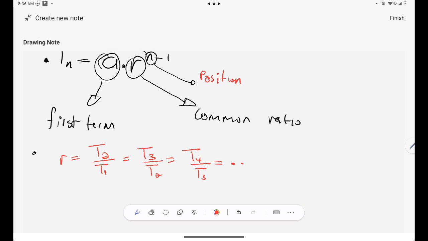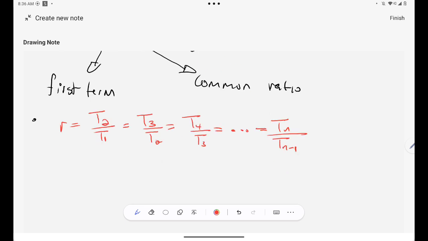This thing will go until the last term of the sequence, tn all over tn minus 1. All right, together. So whenever they say to you the sequence is geometric, this should be the first thing that clicks into your mind, that it has a common ratio.